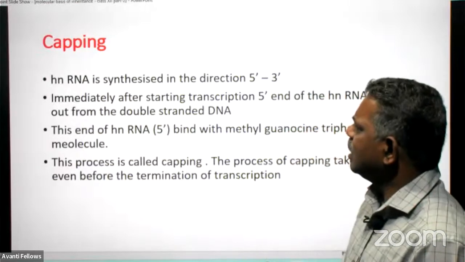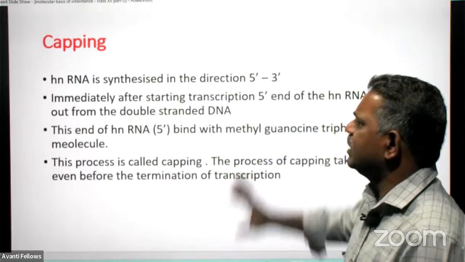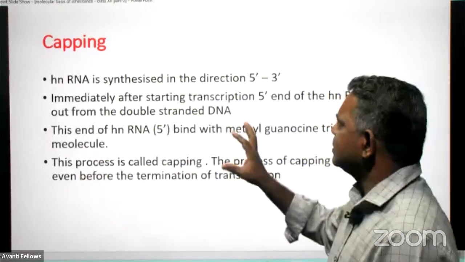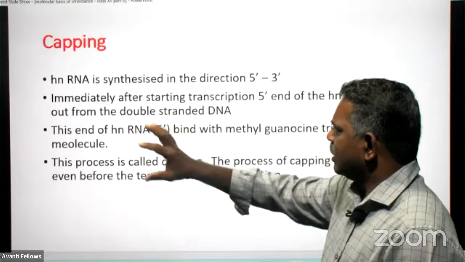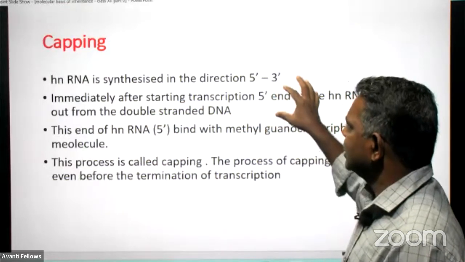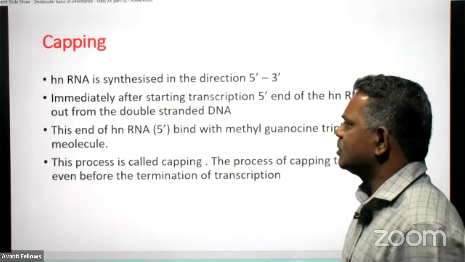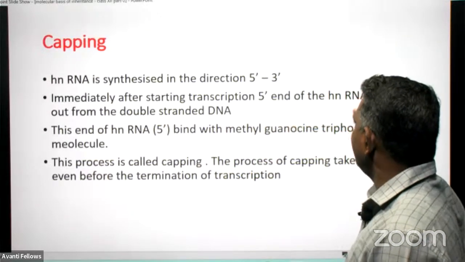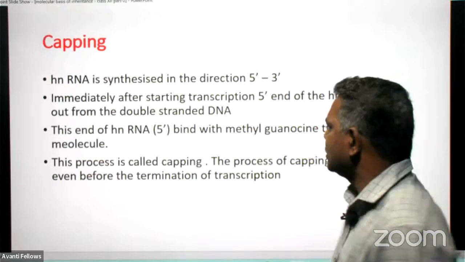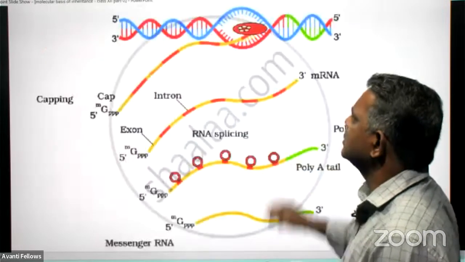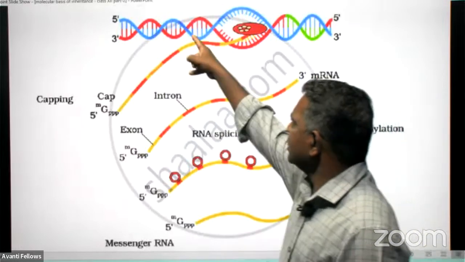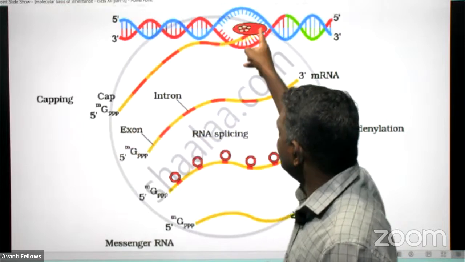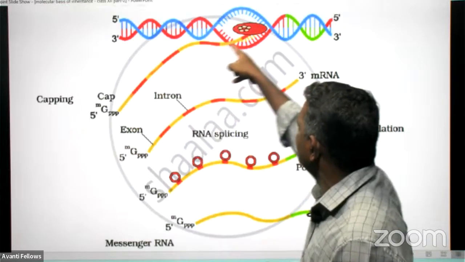Capping is always at the 5' end of the RNA, because hnRNA is synthesized in the 5' to 3' direction. Immediately after starting transcription, the 5' end of the hnRNA comes out from the double-stranded DNA. Here you can see the process of RNA synthesis, and it always elongates the new RNA from the 5' direction to the 3' direction.